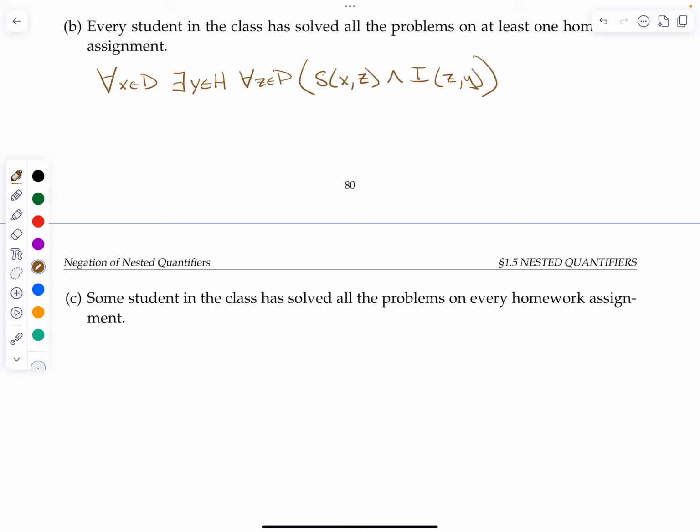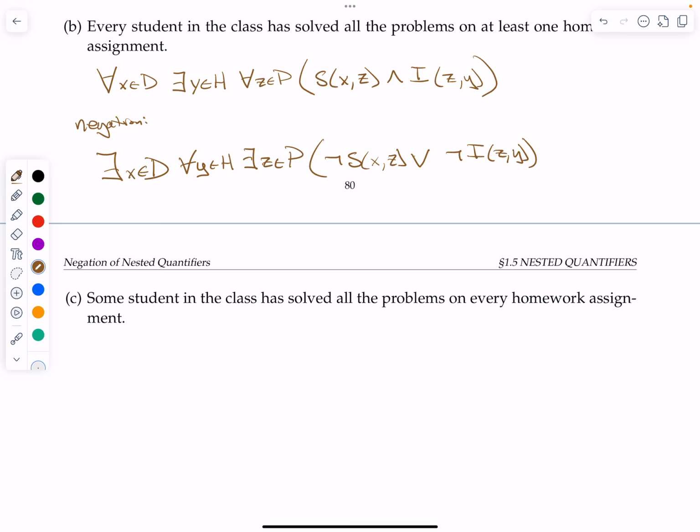Okay, the negation of this would be, so the negation, there exists for all, there exists the negation of S(x,z), or the negation of I(z,y), very similar to what we had above.